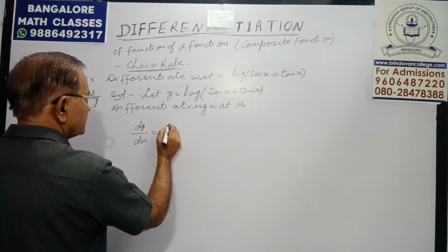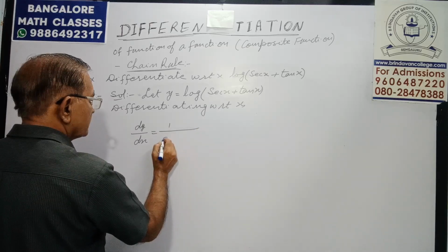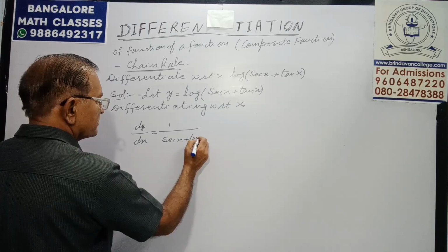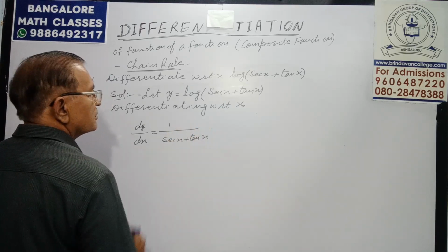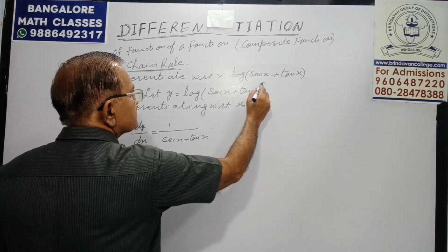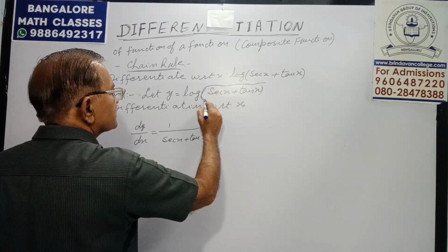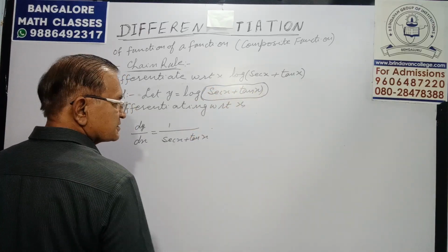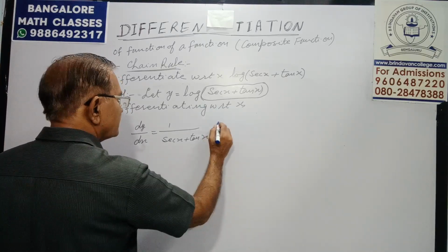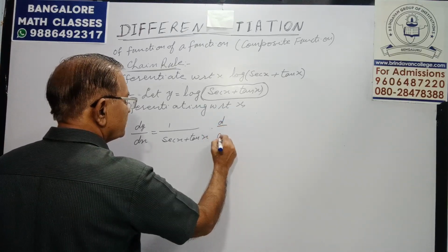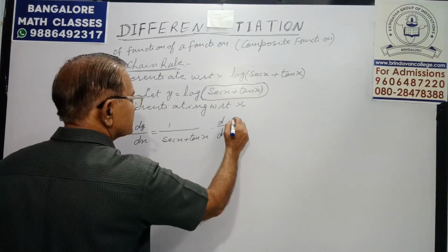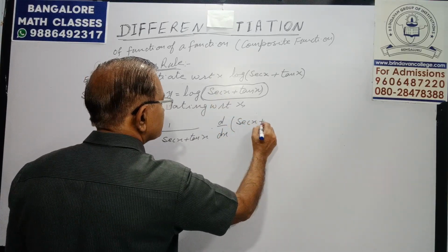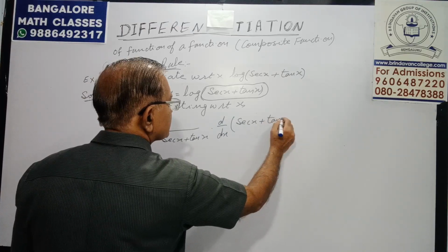For x, I am considering secant x plus tan x. So d dx of log x is 1 by x. As it is not x, therefore d dx of this part, secant x plus tan x.